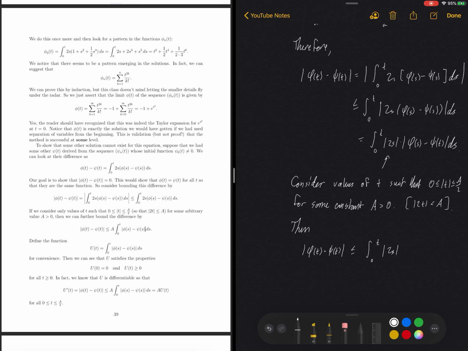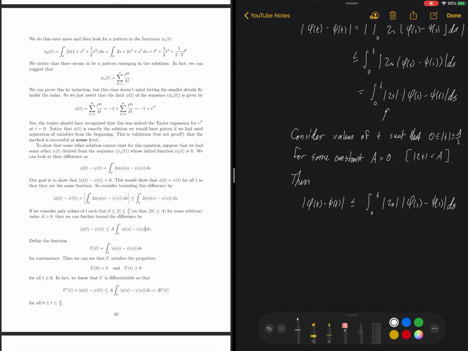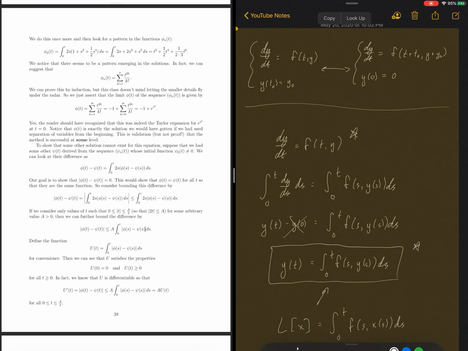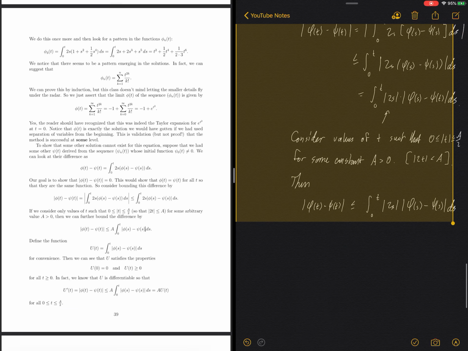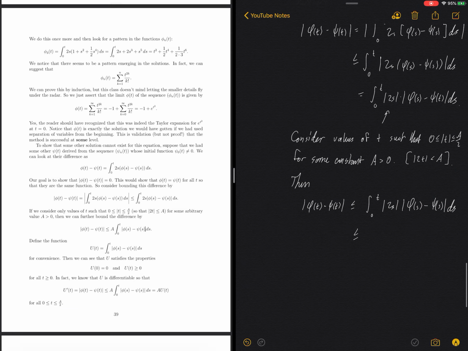So when we do that, then our difference, phi of t minus psi of t in absolute value, is no greater than what happens here. So the absolute value of 2s is bounded by this expression.